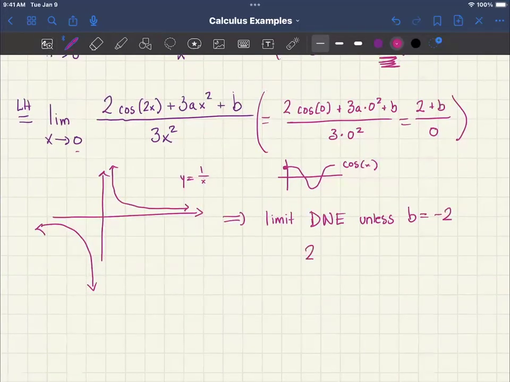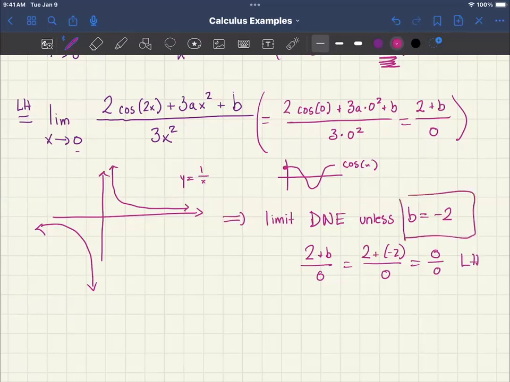Because when we have 2 plus b over 0 and b is negative 2, then we get 0 over 0 and we are set to do another L'Hopital on this. So that's why our first condition is going to be b is equal to negative 2. We wanted to know what values make our limit exist.